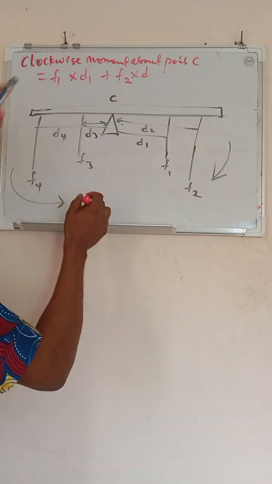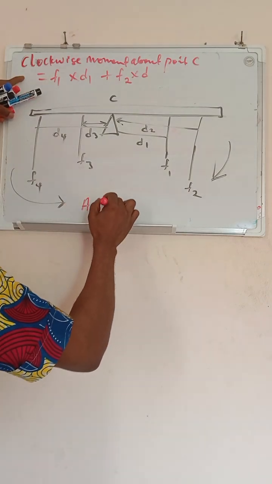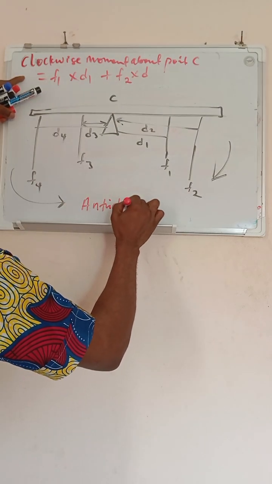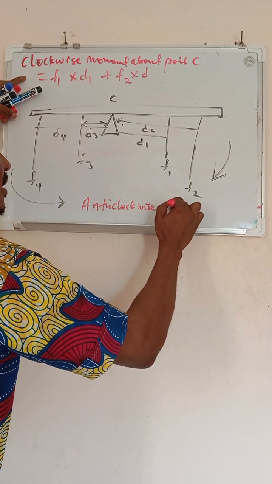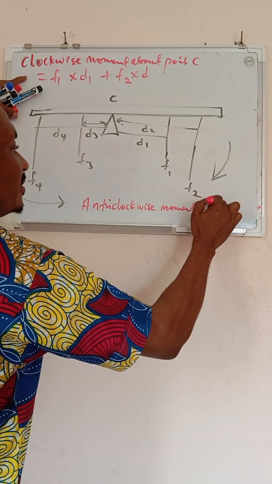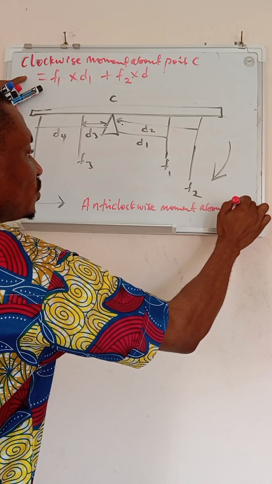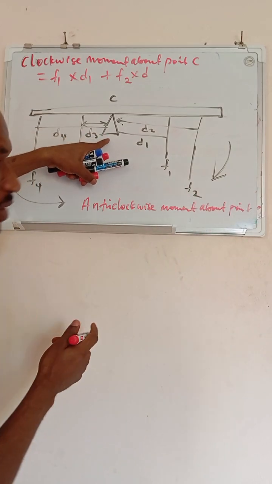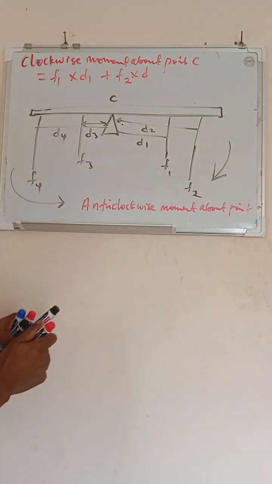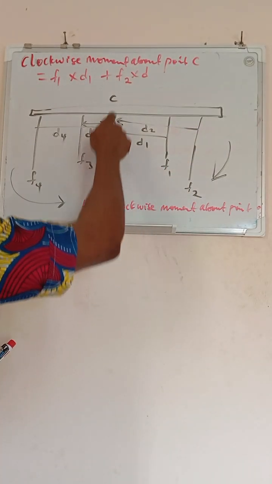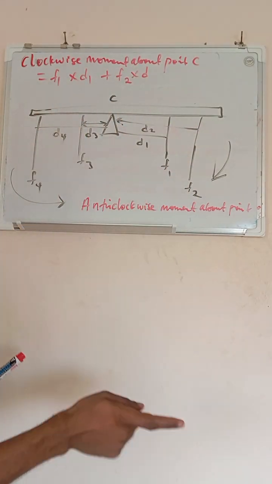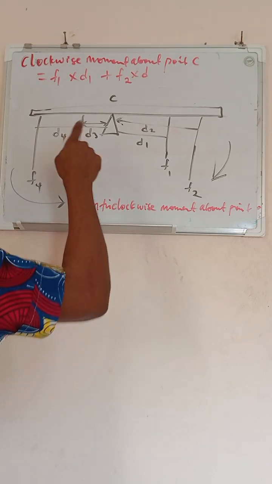Then the anti-clockwise moment about the same point, about point C. The principle states that the sum of clockwise moments about any point is equal to the sum of anti-clockwise moments about the same point.